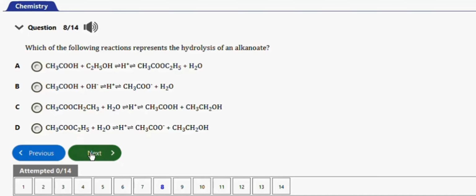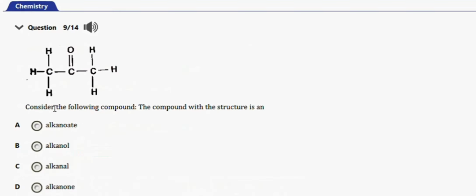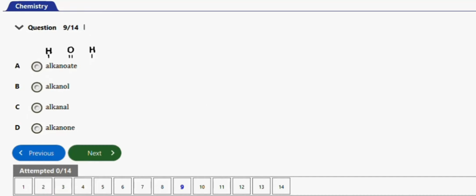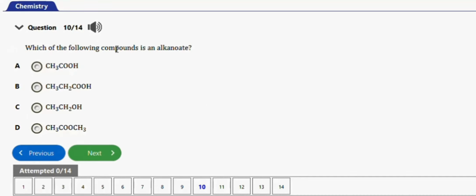The next question will be this one. It says, consider the following compound. The compound with the structure is an alkanone. Option D is the right answer to this question. Next question says, which of the following compounds is an alkanoate?